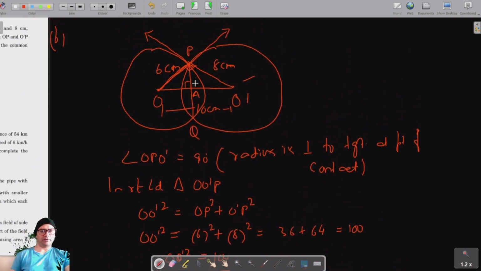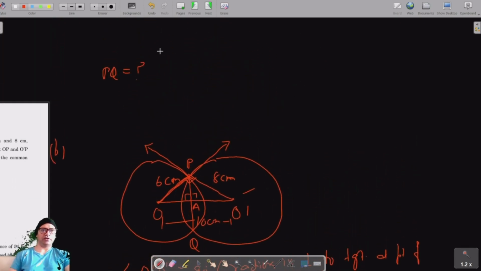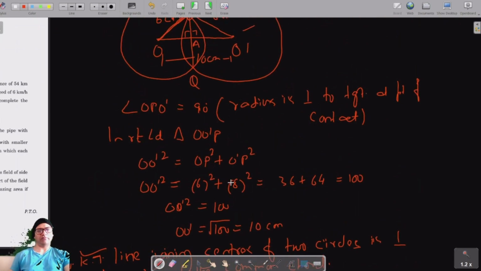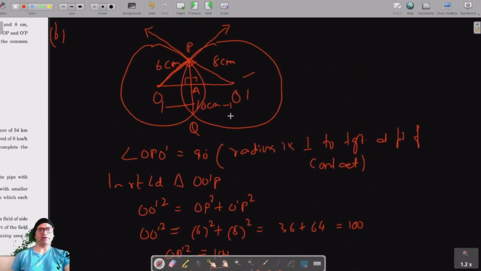So this is the perpendicular bisector. That means these angles are 90 degrees, and we can say that PQ is 2 times AP, as the line joining the centers of two circles is the perpendicular bisector of the common chord. So PQ is equal to 2 times AP, and we are going to find AP so that we can get the length of PQ.